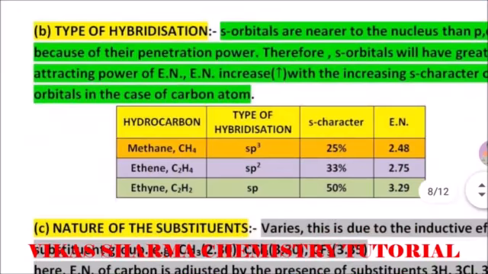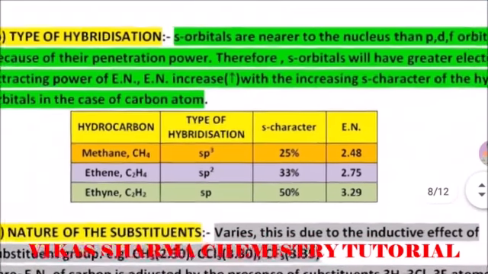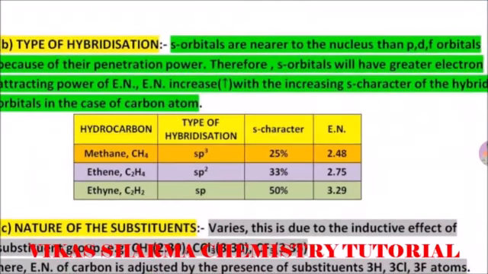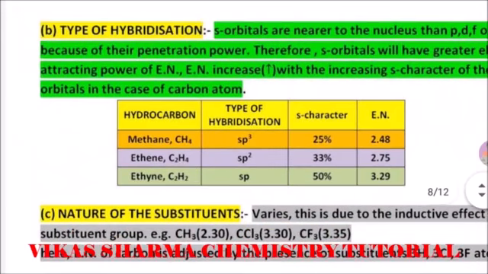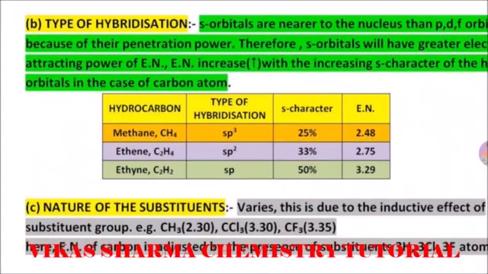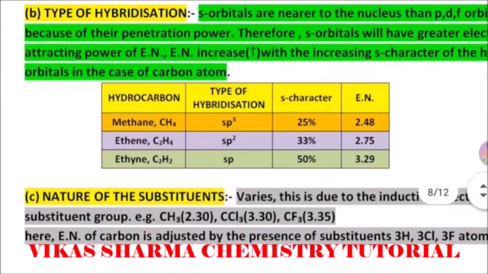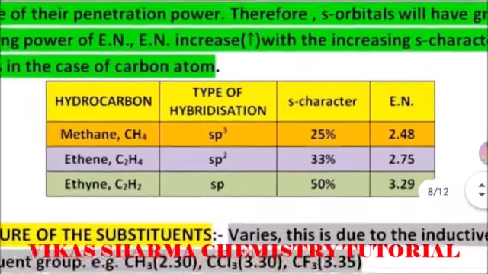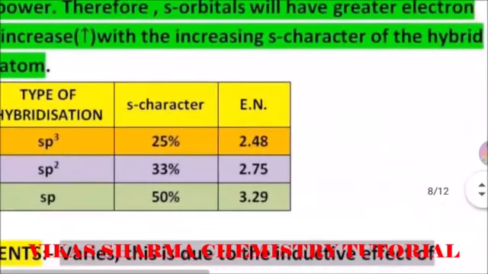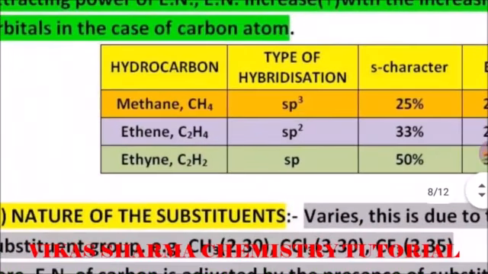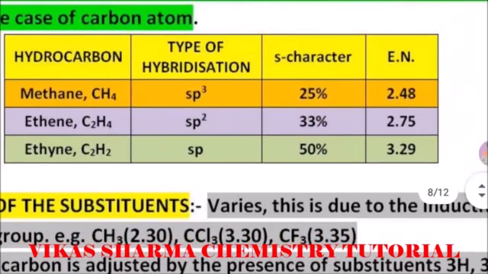Next is the type of hybridization. In the case of a carbon atom, s orbitals are nearer to the nucleus than p and d orbitals because of their penetration power. Therefore, s orbitals have greater electron attracting power. So electronegativity increases with the increasing s character of the hybrid orbital in carbon. In methane the hybridization is sp3, s character is 25%, so electronegativity is 2.48.